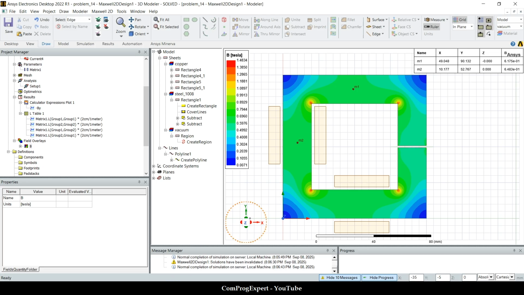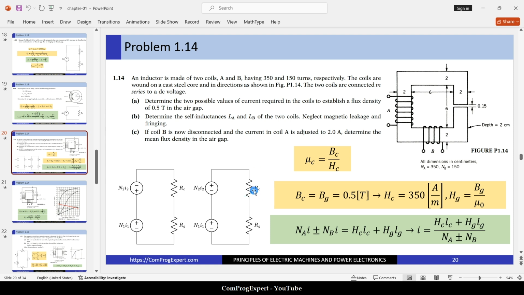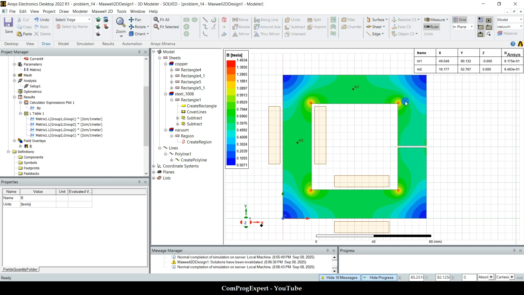So in this formulation, when we calculated the core reluctance, we considered that the permeability of the iron is the same for all locations. But this is not a correct assumption.